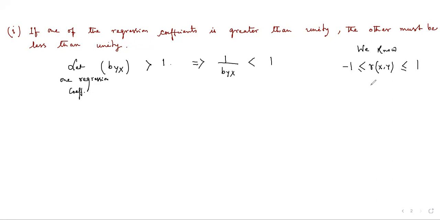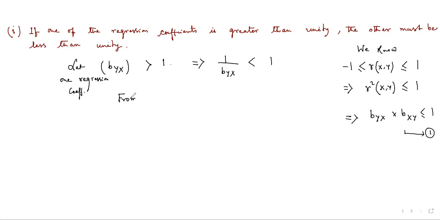This is the limit for the correlation coefficient, which implies that the square of the correlation coefficient is less than or equal to 1. This is a property of real numbers. From this, we can say that the product of the two regression coefficients is less than or equal to 1. Give it equation number 1, because we have just proved that the correlation coefficient squared is the product of the two regression coefficients.